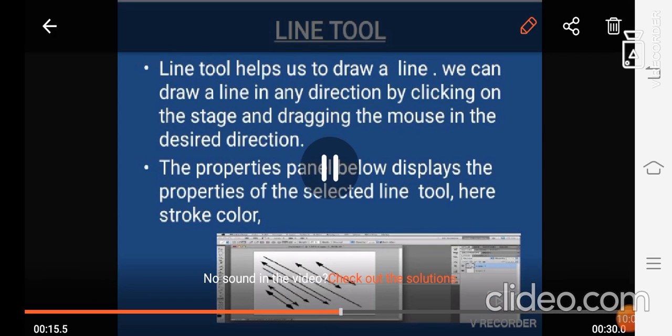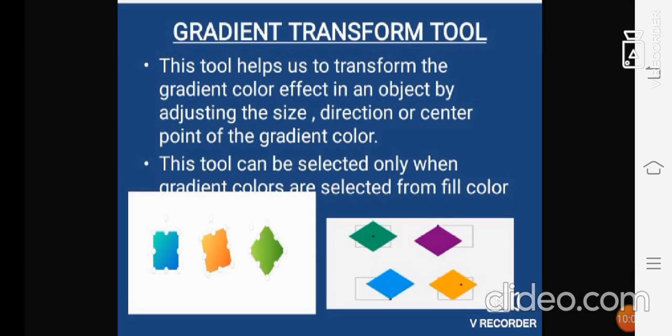We are now moving to the gradient transform tool. Let's see what the gradient transform tool is about. This tool helps us to transform the gradient color effect in an object by adjusting the size, direction or center point of the gradient color.